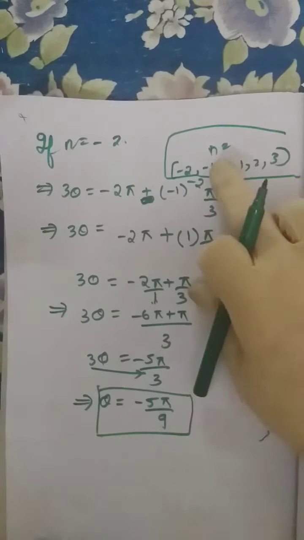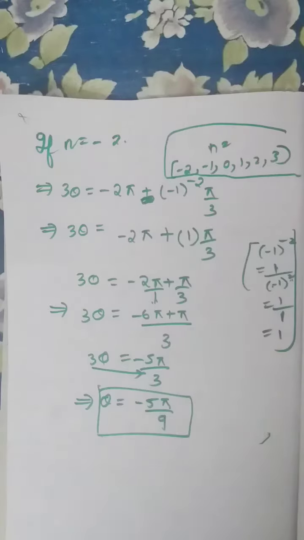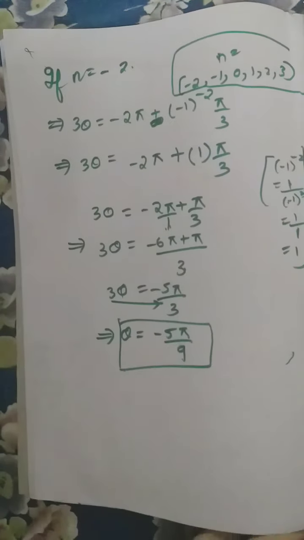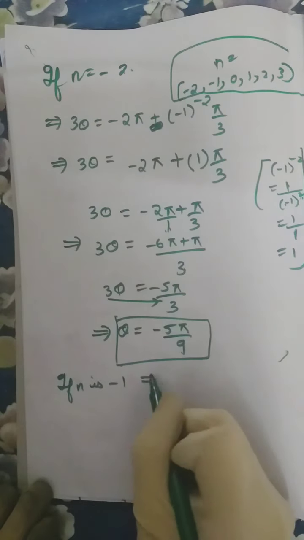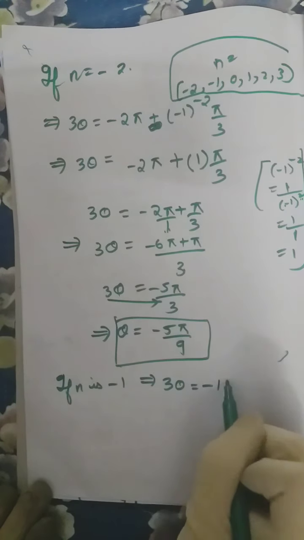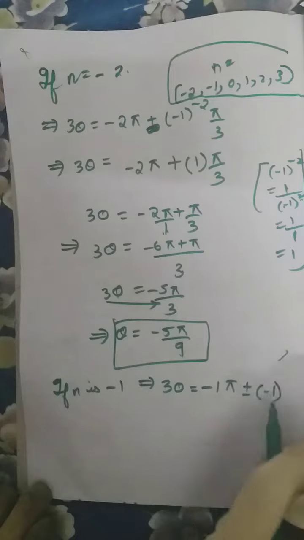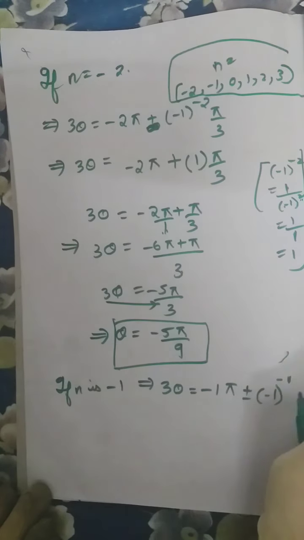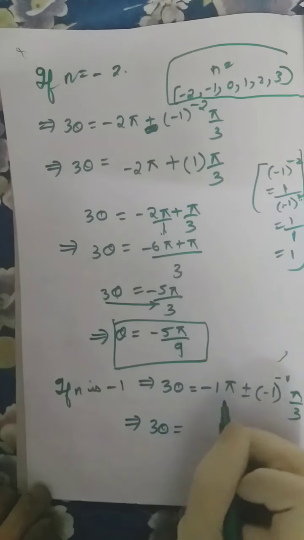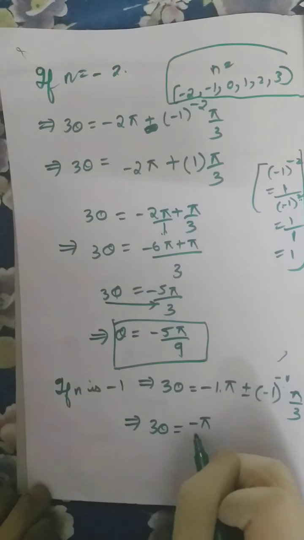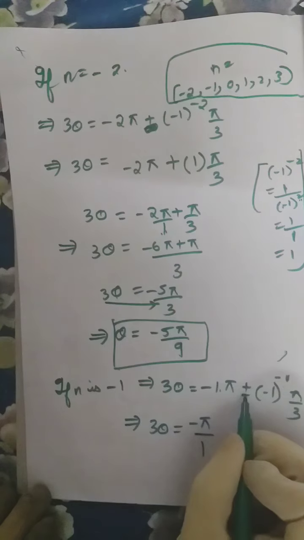Now substitute n equal to minus 1. So if n is equal to minus 1, then I get the equation 3 theta is equal to minus 1 pi plus minus 1 power minus n, here n is minus 1, into pi by 3. So I have 3 theta is equal to minus 1 into pi, which is minus pi by 1, and here I have only plus.